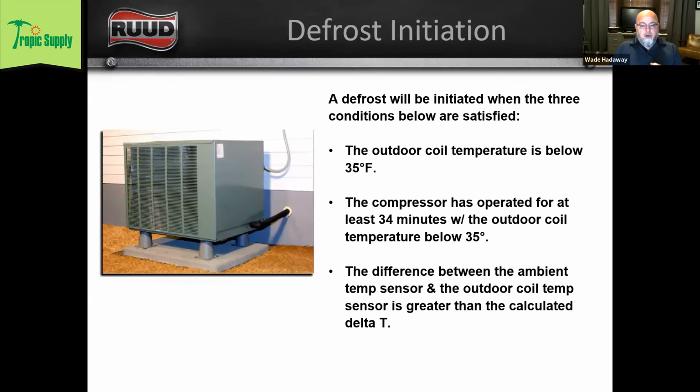Then we're going to look at a sliding scale, right? That's where that delta T or that algorithm comes into play. But outdoor temp, and I'm sorry, there's a typo here. This should say outdoor temperature, not outdoor coil temperature. So our outdoor ambient has to be below 35 degrees, and we have to have 34 minutes of runtime with the coil temp below 35 degrees.